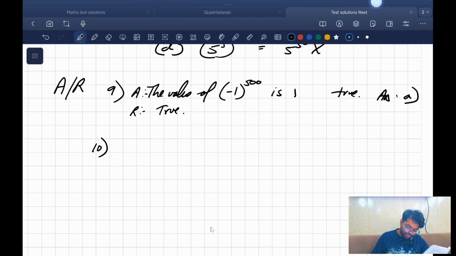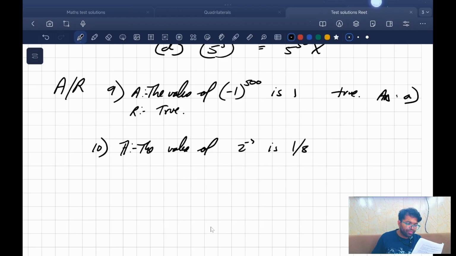The value of 2 to the power of minus 3 is 1 upon 8.